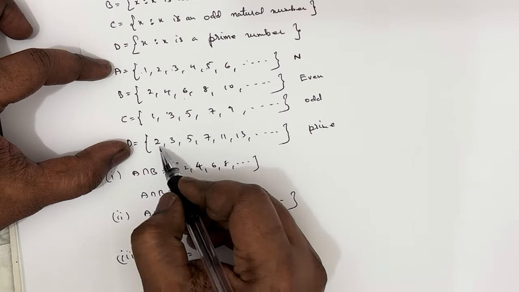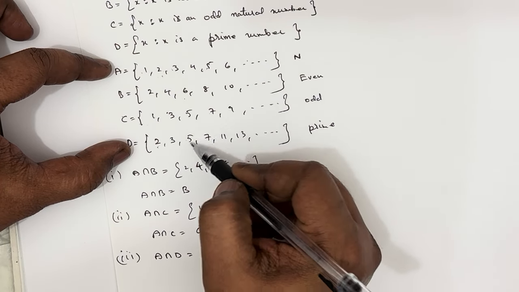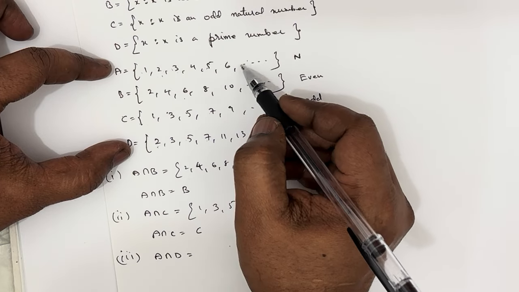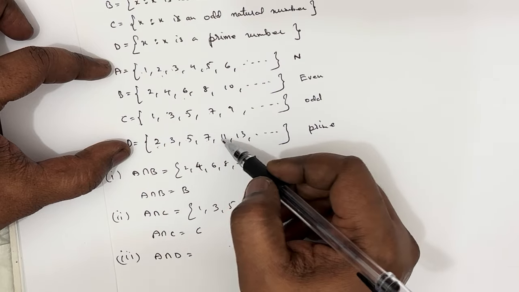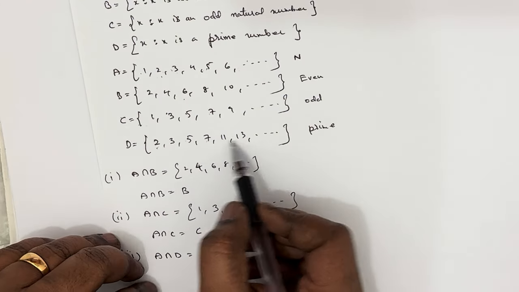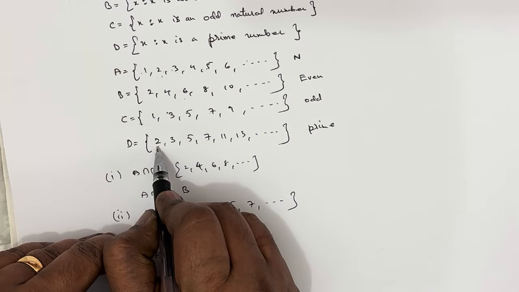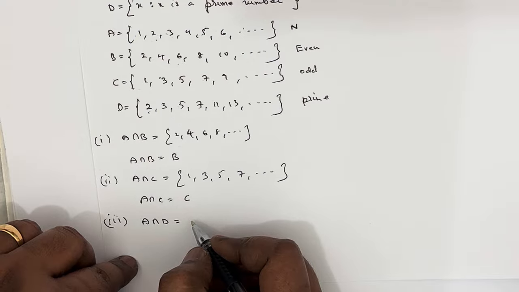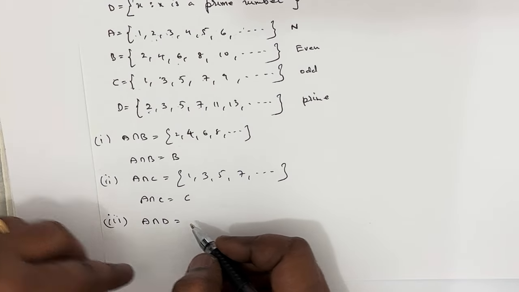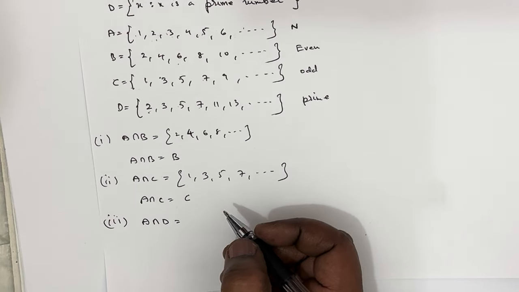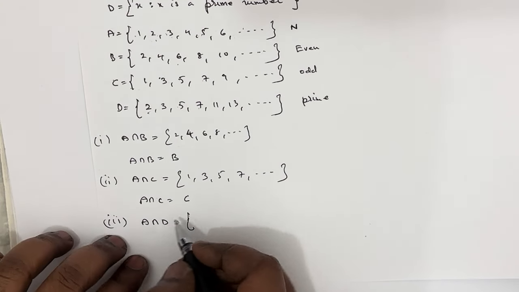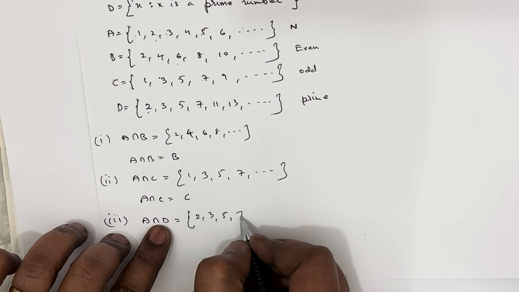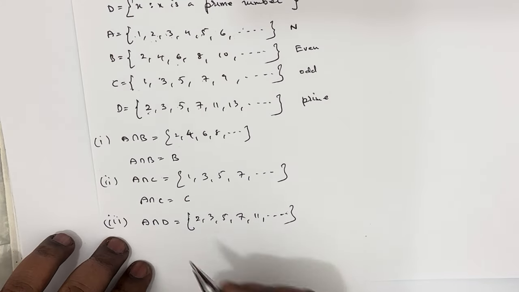So common are 2, 3, 5, 7 also will be common, because natural numbers has all numbers. 11, 13, so you have all the prime numbers common, including 2.